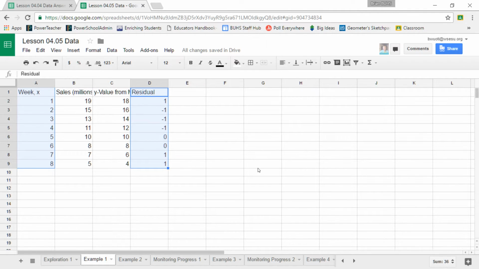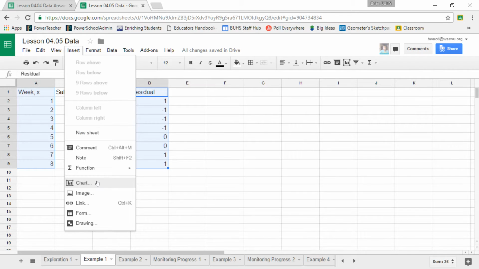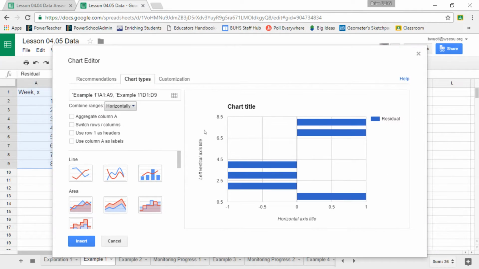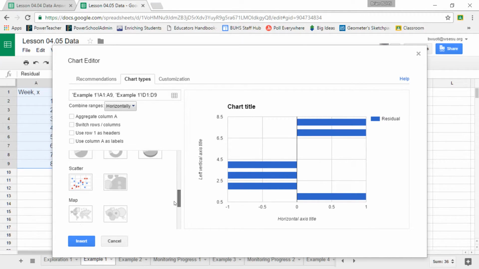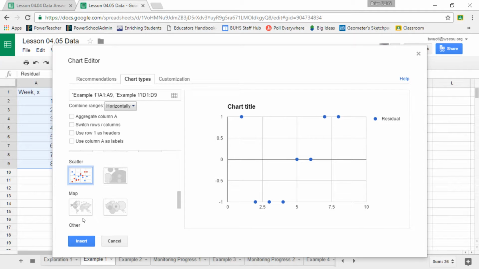And now we're going to hit insert chart. Here we go, friends. Insert chart. And chart types, let's go down to the scatter plot again. All right, so select scatter plot. You guys got it?